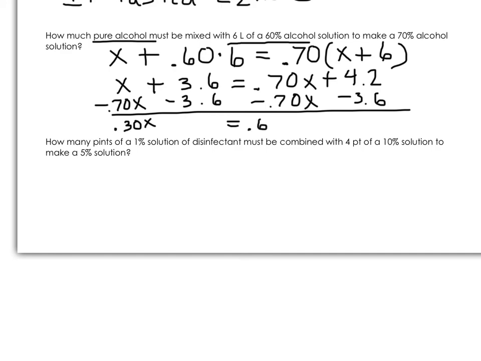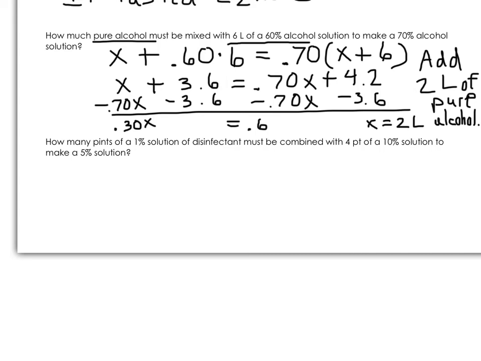Divide both sides by 0.3, and we get x equals 2. Our unit of measurement is liters, so 2 liters. So we're going to add 2 liters of pure alcohol. And that's our solution.